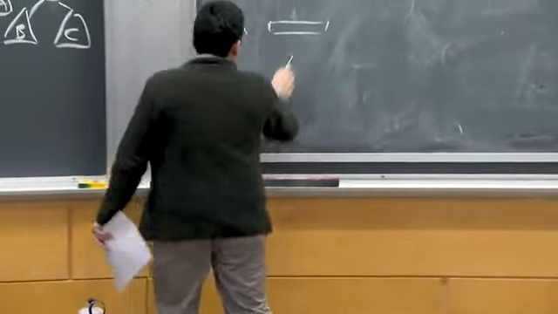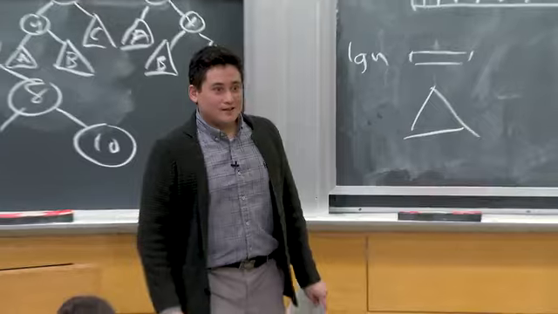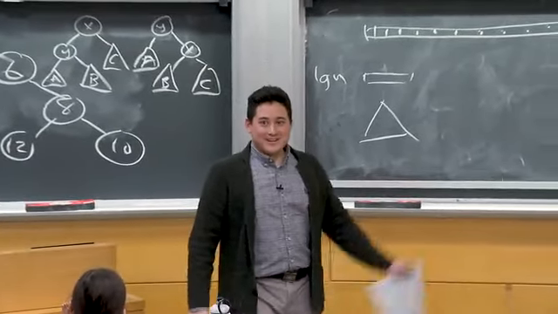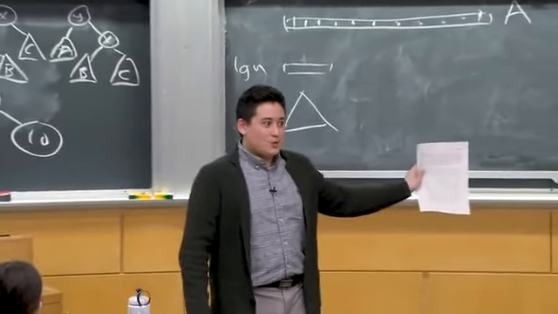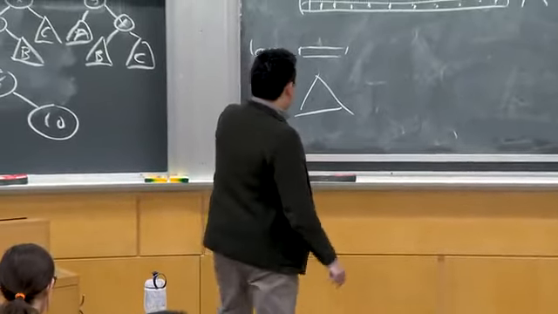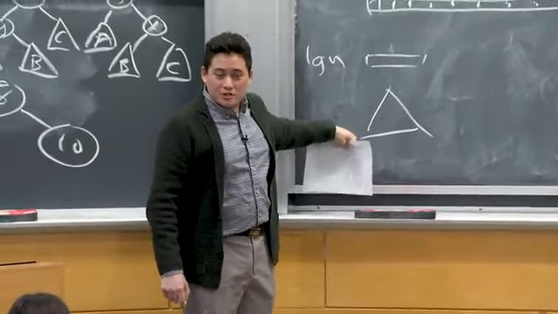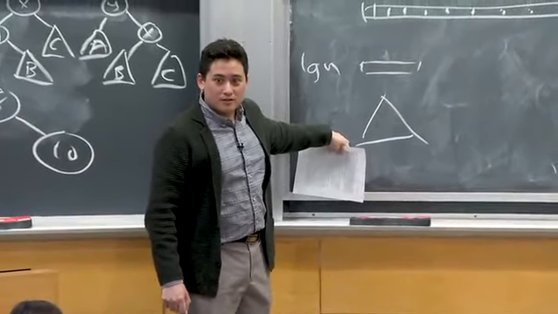So if I have log n things in a tree here, what's the height of that thing? Log n. That looks familiar. So what can I afford? I can afford a linear number of set AVL tree operations on this data structure.